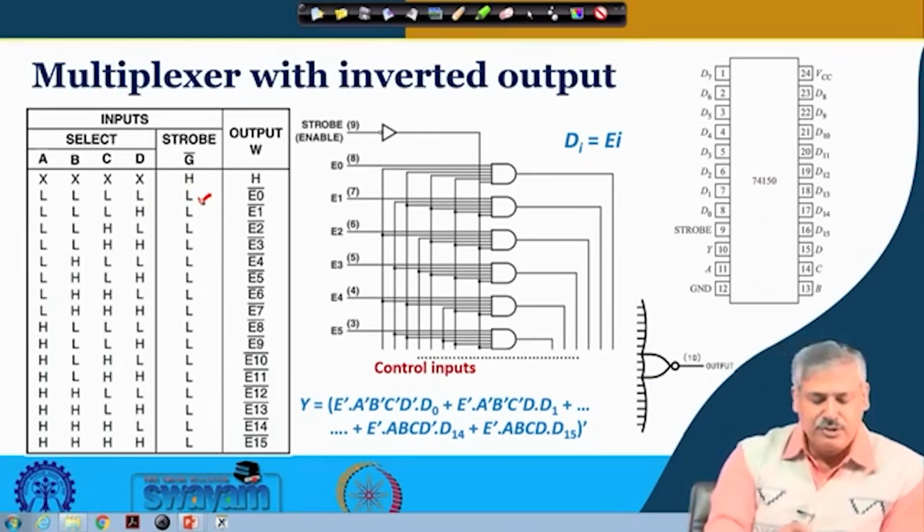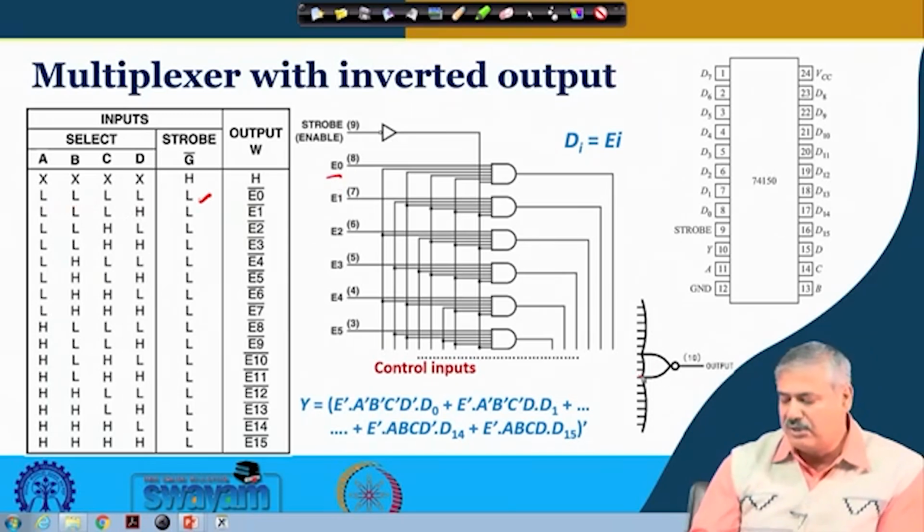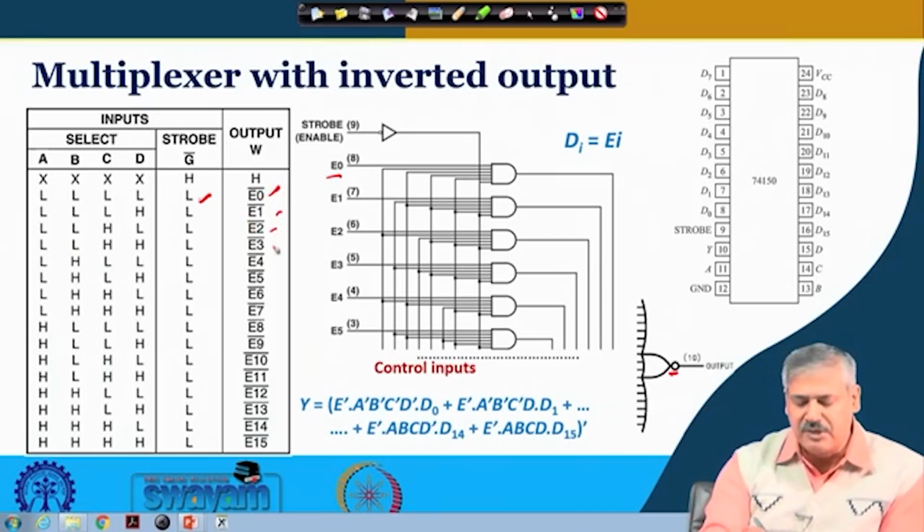Only when the strobe or the enable is low, the normal multiplexing operation takes place. So when all these select inputs are low, E0 will go to the output. y would be E0 if the inverter were not there. Since this inverter is present, y will be E0 bar. Similarly, for other cases, E1 bar, E2 bar, E3 bar and so on.